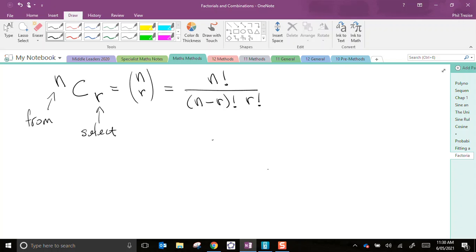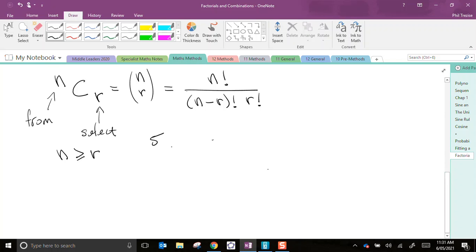So obviously n must be greater than or equal to r. You could not select, say, 5 objects from a group of only 2 objects. That would just be nonsense. So it's sensible to say select 5 objects from a group of 10 objects, say. That makes sense.